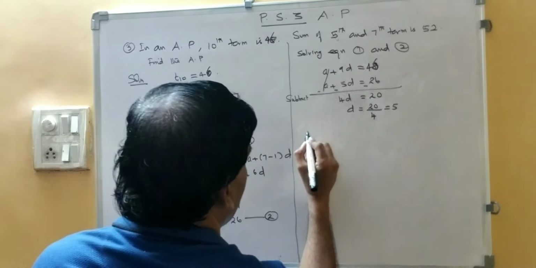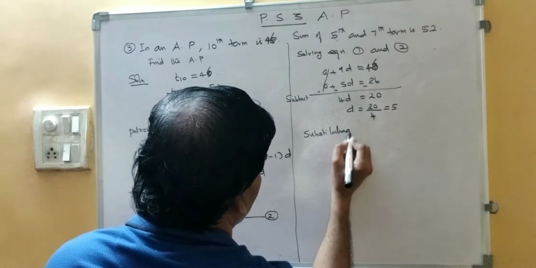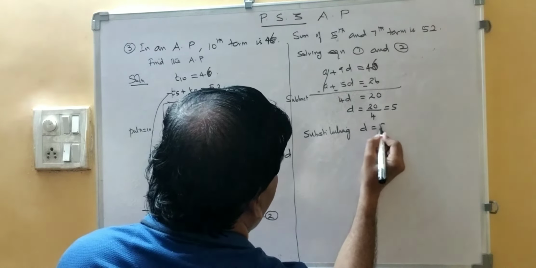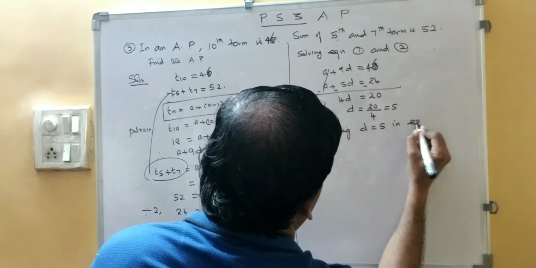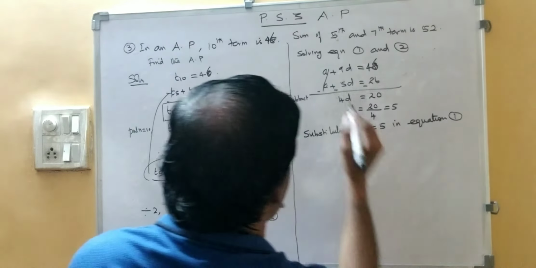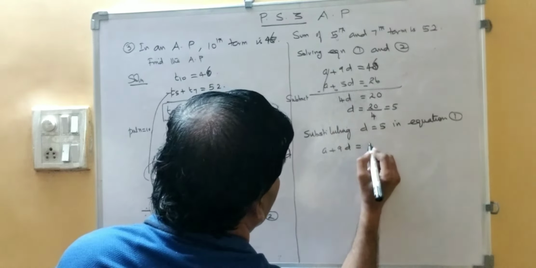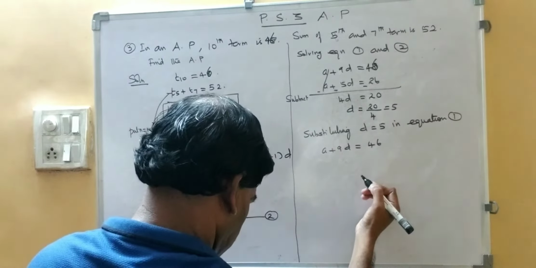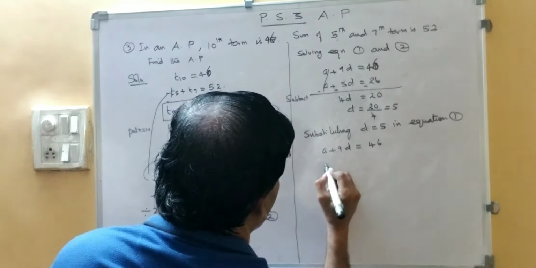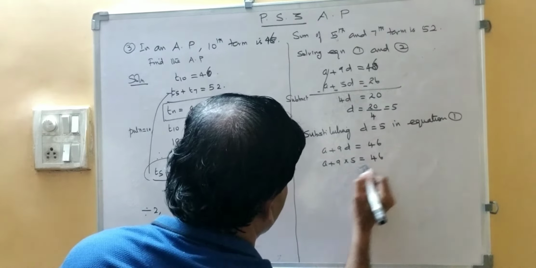Now, substituting D equal to 5 in equation 1, what is that? A plus 9D equal to 46. So A plus 9 into 5 equal to 46.